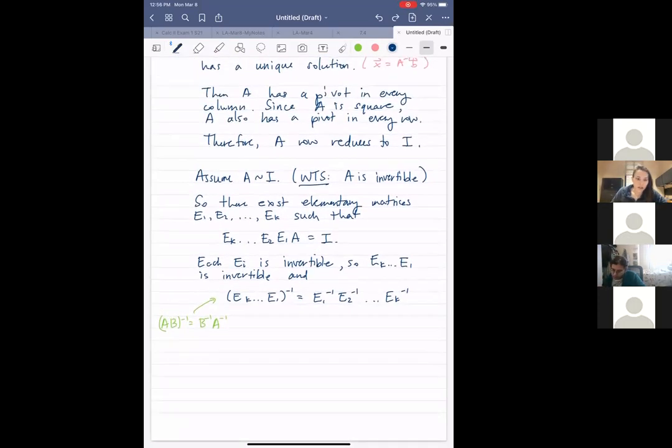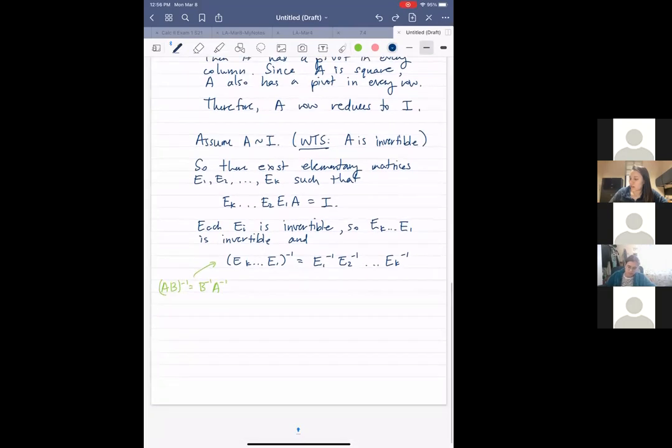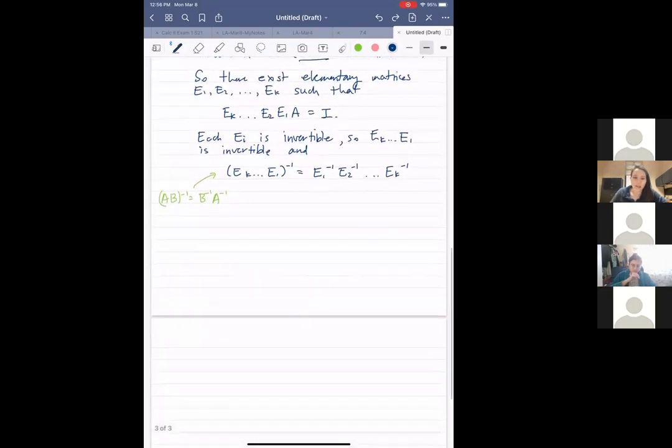So what we have now is, if we look at this statement right here, I'm just going to copy it down. So we know that EK times E1 up to E1 times A equals the identity. And then we can take this thing and multiply on the left.